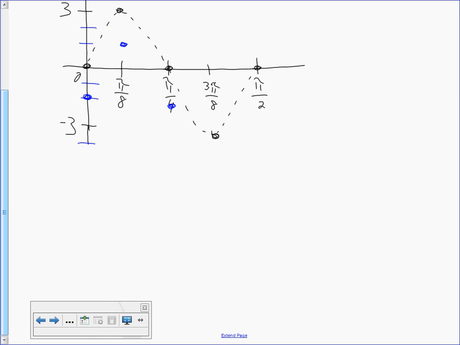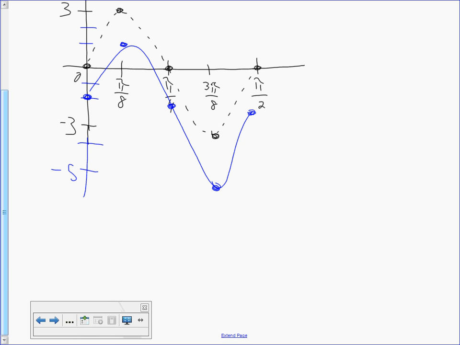Instead of being at -3, I'm at -5. And I'm back to -2. And I just shifted it. I moved each of those points down. I adjusted the scale. That's all you have to do.